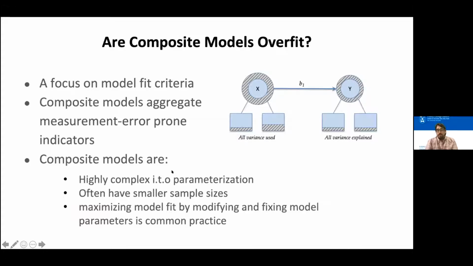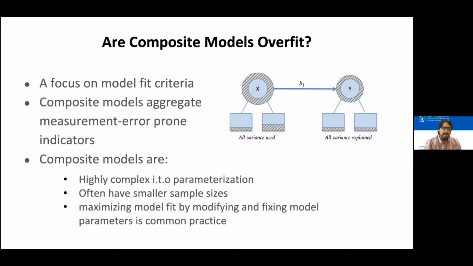But there are further worrying considerations. First is that composite modeling techniques are often chosen because of their almost supernatural ability to converge. So we see increasingly complex composite models, and often these models are estimated on smaller sample sizes. Often these two reasons are given for using composite modeling techniques. These will play a role in overfit, as I hope to show you a bit later.